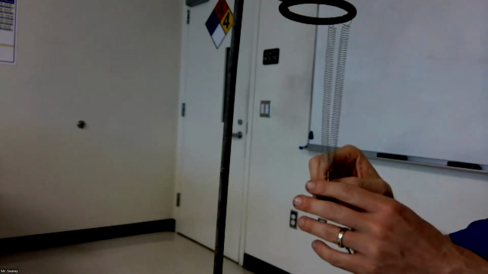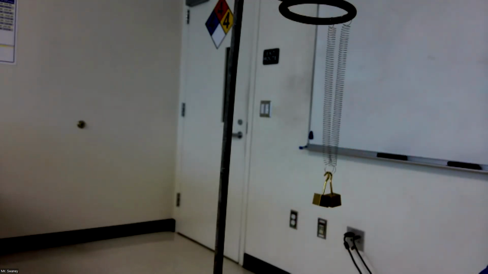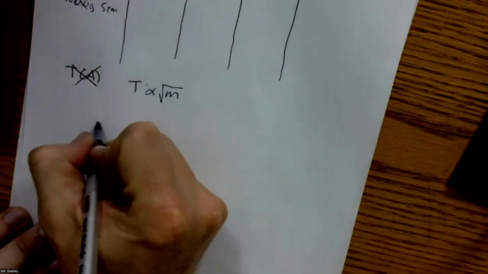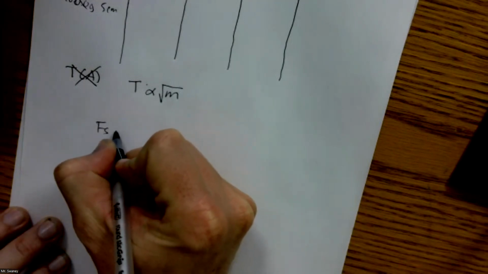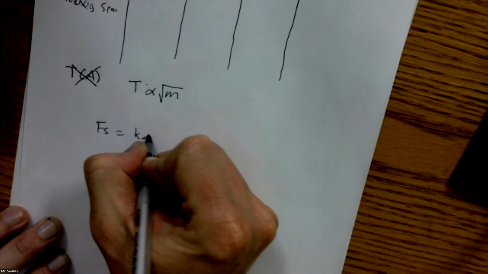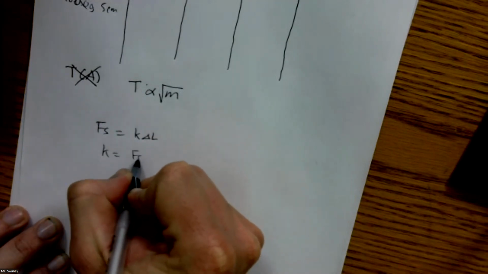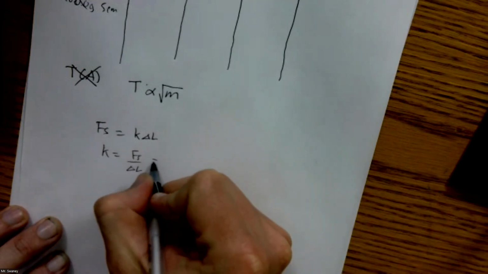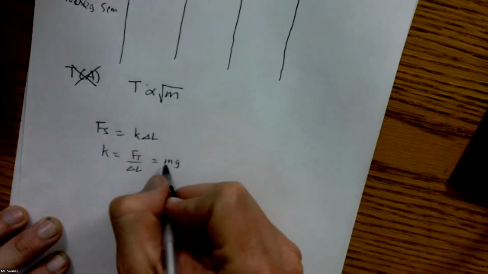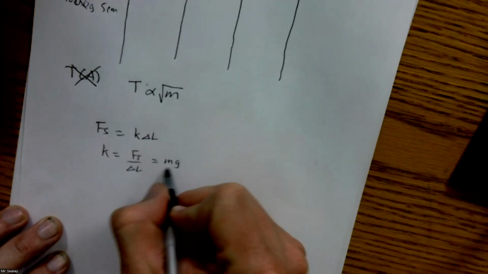Okay. So let me go back to here. Pretend my 2 springs over here are 1 spring. If I solve for K, spring force over delta L, the spring force is staying the same, since in both cases my two springs are still holding up the mass.